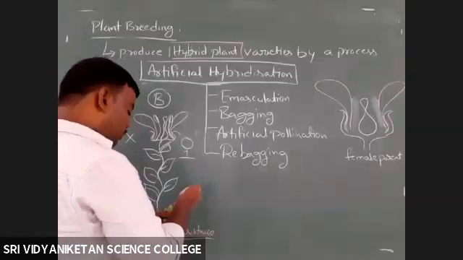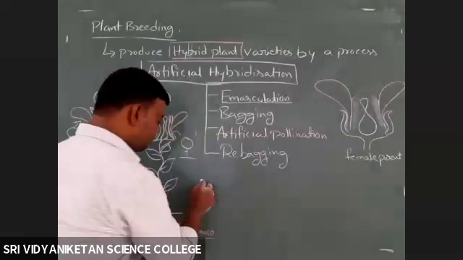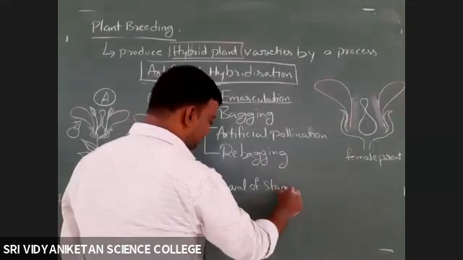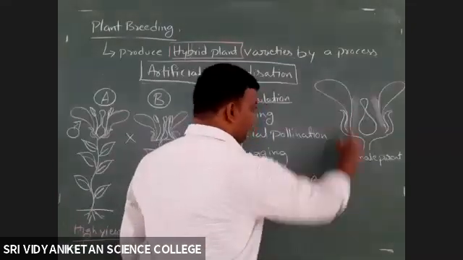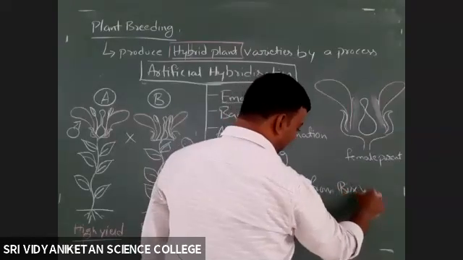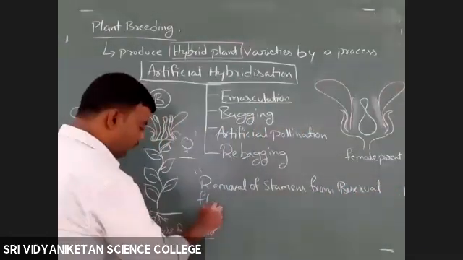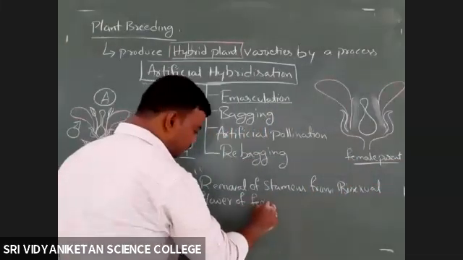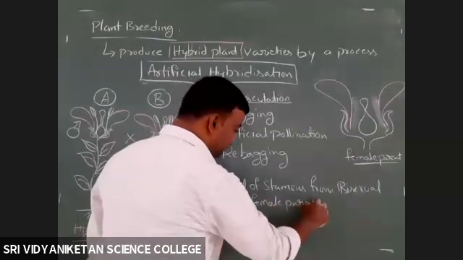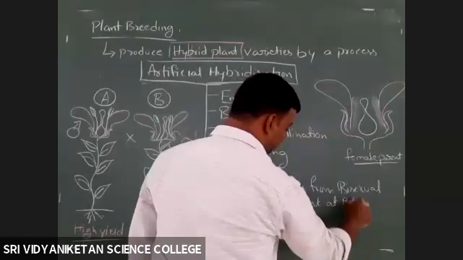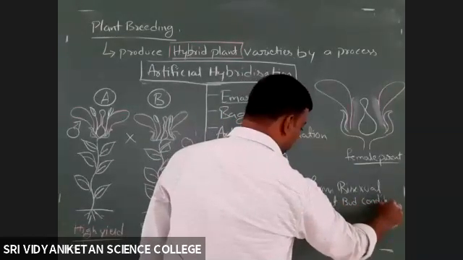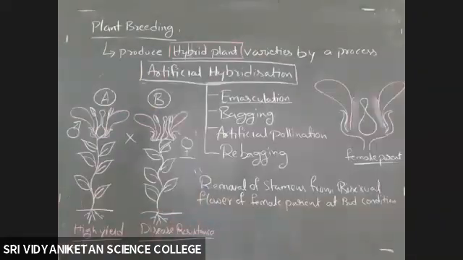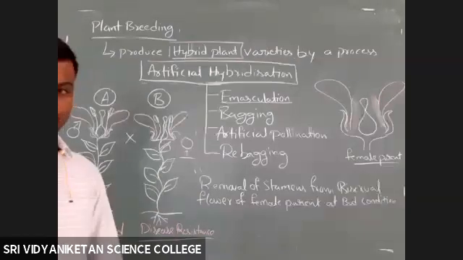So the first step, emasculation, means removal of stamens from the bisexual flower of the female parent at bud condition, before the flower opens. It's a very important definition for 1 mark.